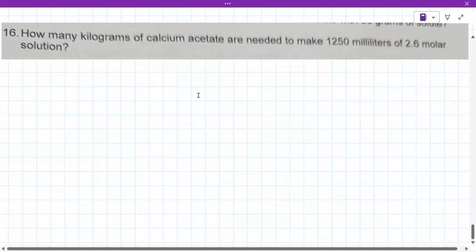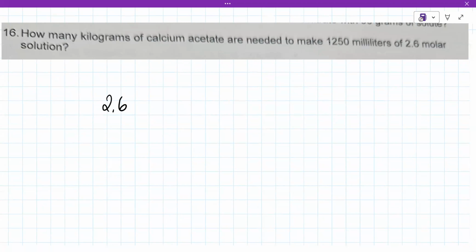All right, how many kilograms of calcium acetate are needed to make 1,250 milliliters of 2.6 molar solution? If you haven't figured it out by now, 2.6 molar equals X moles over liters. This time we do know the number of liters. It's 1.25 liters. So first calculate the number of moles. Could you do that for us, please? 2.08.